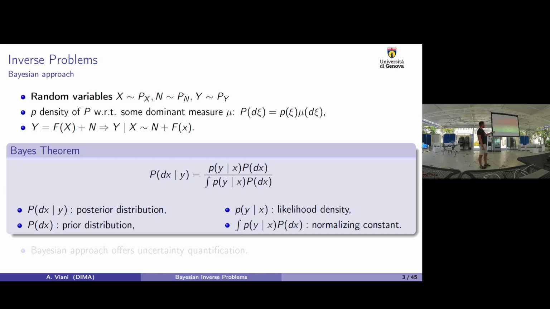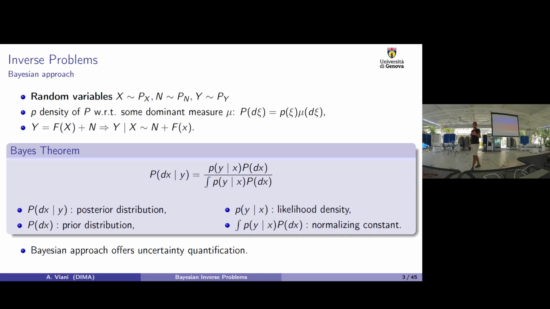Okay, and the prior distribution is the distribution of the unknown, and this measure embodies what we know about the unknown and all the prior information. Okay, and why would we prefer a Bayesian approach? So looking at the distribution of the unknown given the data instead of an analytical approach that gives us the solution with some different metrics, minimizing some functionals, because of the so-called uncertainty quantification.